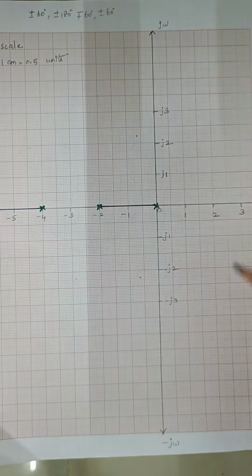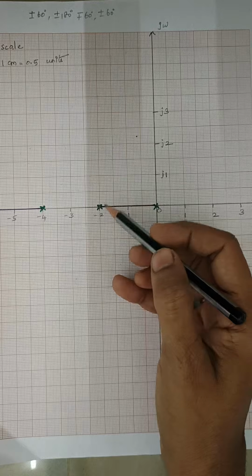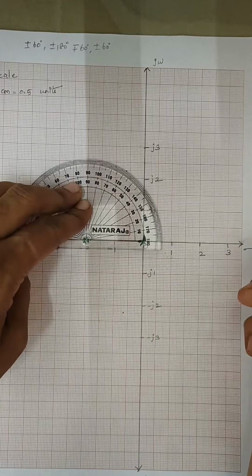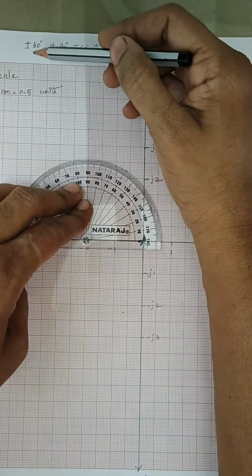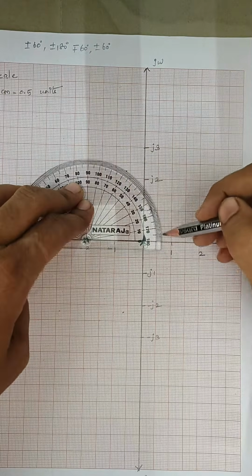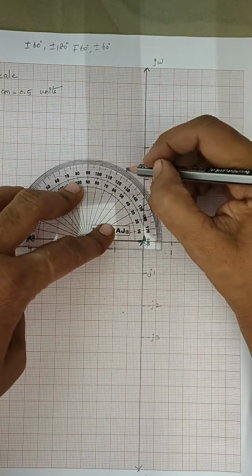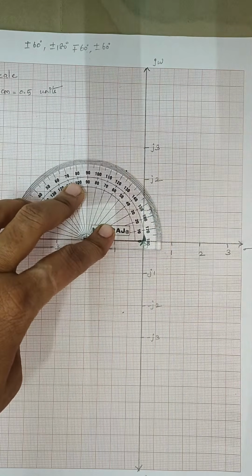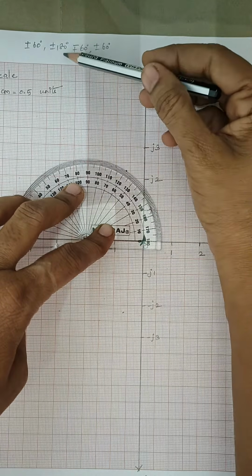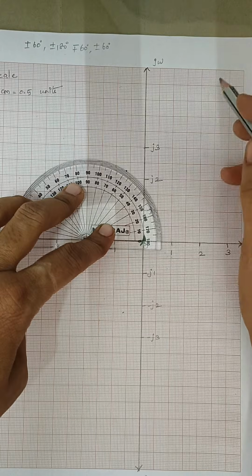We have to keep the protractor at centroid and we have to mark these angles. So here the first angle is ±60 degrees. So we have to mark +60 degrees. So from here, just you move gradually and you just keep a point for +60 degree, right? And the second angle is ±180 degrees. So it is a straight line, no need to mark.